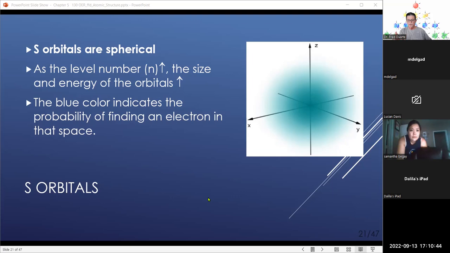It's circular in shape, and it shows a probability. If we were to take a cross section, the middle would be much lighter in color than the outermost, because the likelihood of an electron being in the nucleus is very low. So we're talking about the probability of an electron being somewhere in that given space.